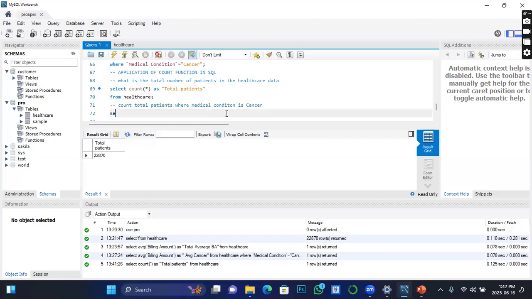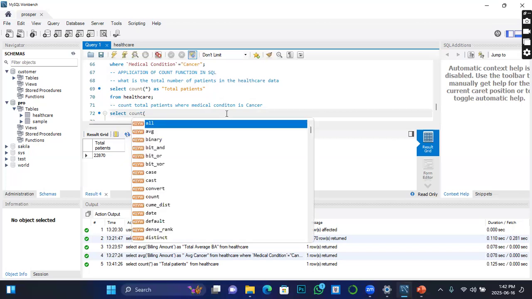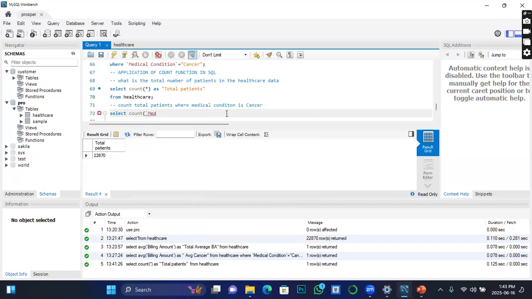So the syntax will be what? Select count. Now you are not putting that asterisk again. We are selecting that particular header, which is medical condition.